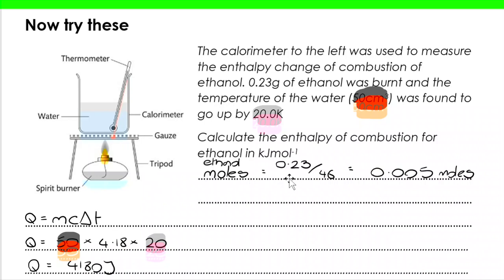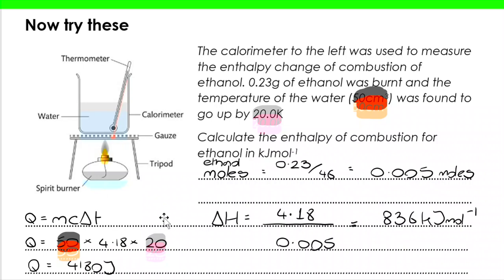So let's find how many moles of ethanol there were. 0.23 grams divided by the MR of ethanol, 46, tells me I've got 0.005 moles. I am going to take my 4180, which I'm actually going to convert to kilojoules, 4.18, divide that by the number of moles, and I get the value 836 kilojoules per mole.